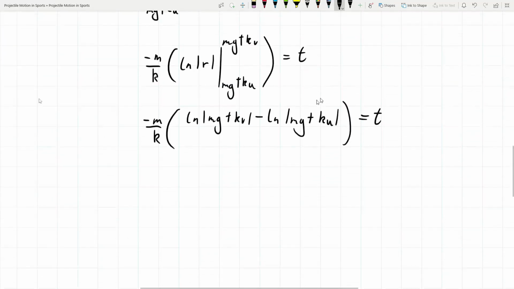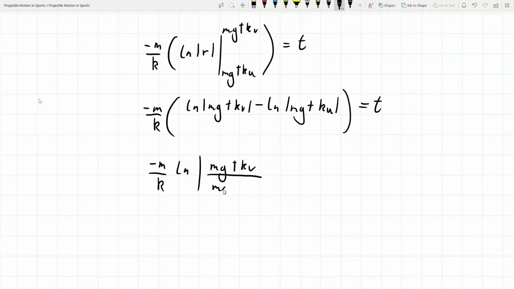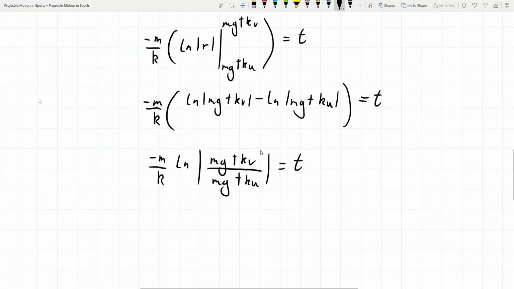We can combine these logs like we did last time. We can just do the division, so it's going to be minus m over k times ln of (mg plus kv) over (mg plus ku), and that's going to be equal to t. So now we want to integrate the velocity again, so we're going to try and get an equation for v by itself.